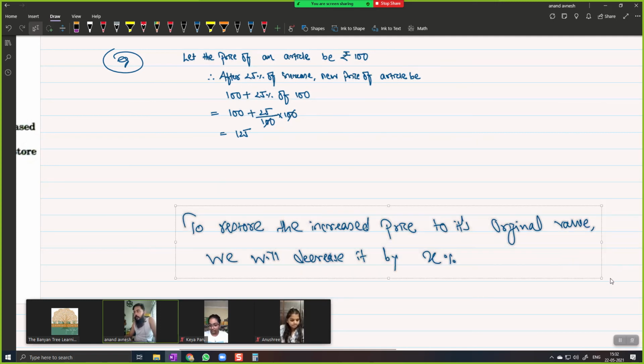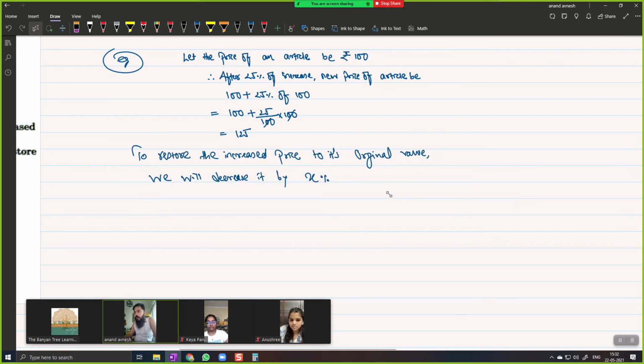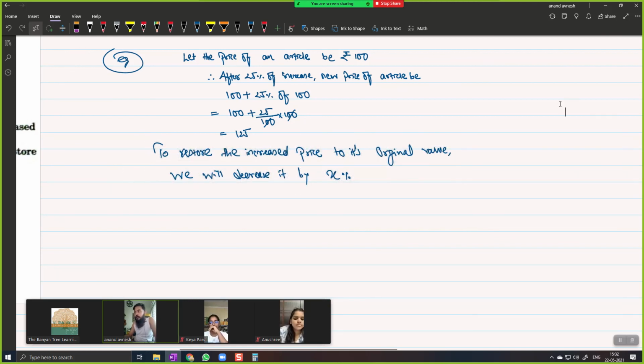Okay, so see what happens now. This is very, very interesting. To restore the increased price to its original value, we will decrease it by X percentage.